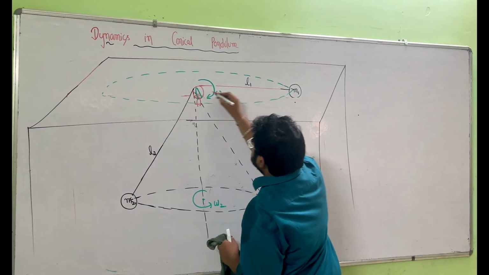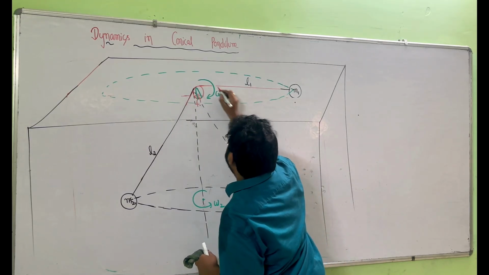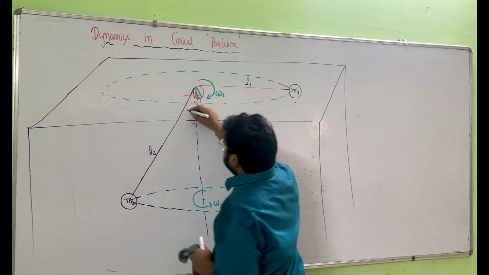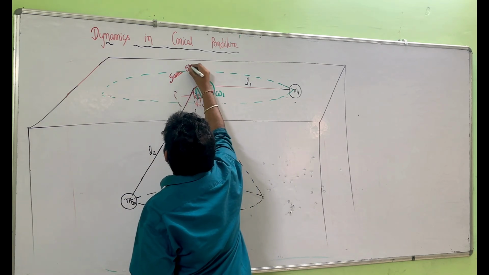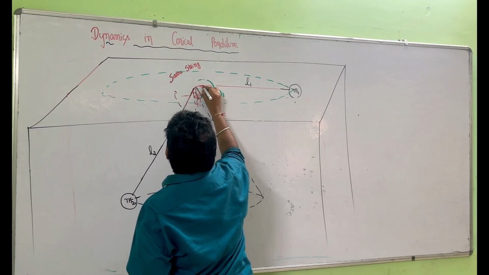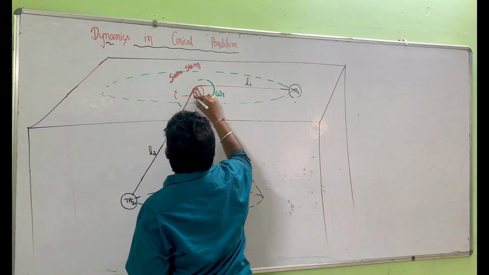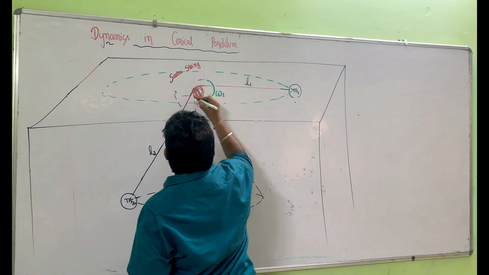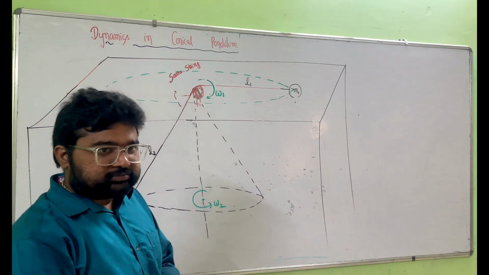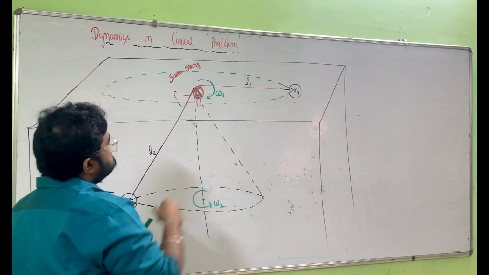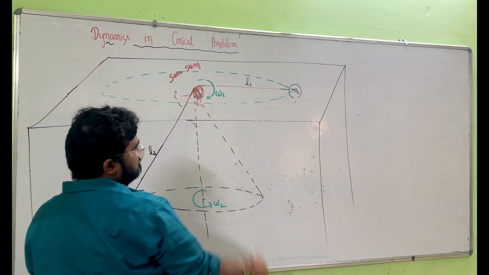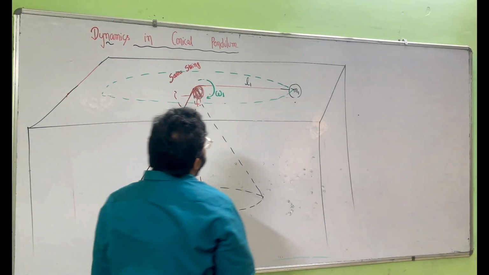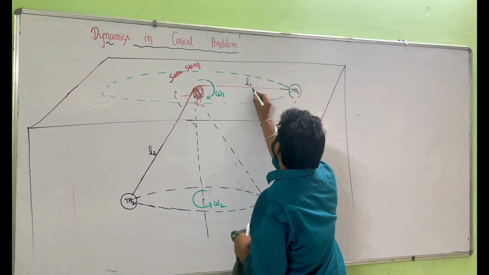So the tension in the string would be the same, same string, same tension. This part is moving like this, and this part follows the conical pendulum. So now tell me, what is the tension T?